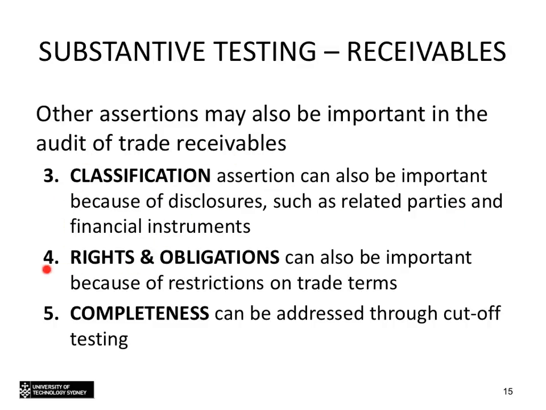Do I have a right to recognise that asset, which means, did we actually transfer the good to them? And then completeness, which is understatement. Could we be missing any accounts receivable? This one is unlikely for most companies because companies are more likely to overstate assets, understate liabilities.